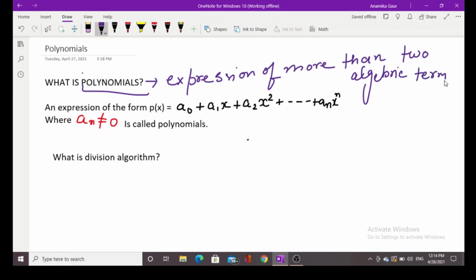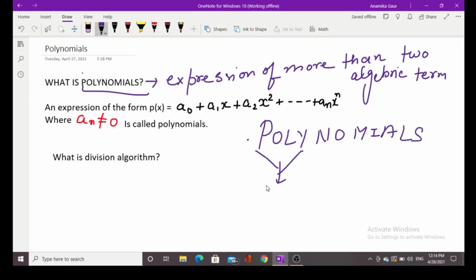And if we go to the dictionary meaning of the word polynomial, we can define it by saying that in the word polynomial we have this word poly, and poly means many, and nomial means term.